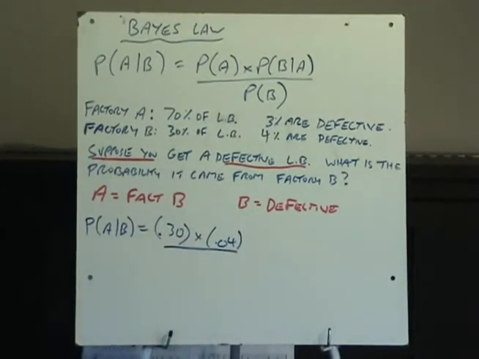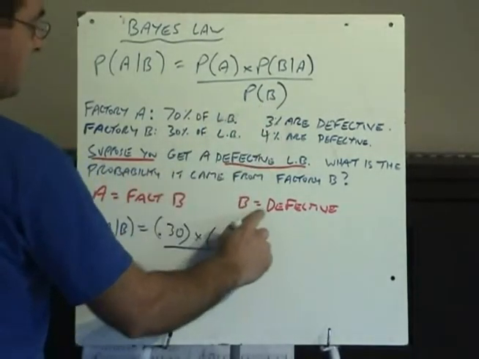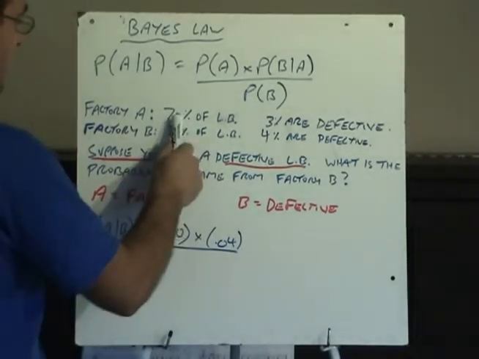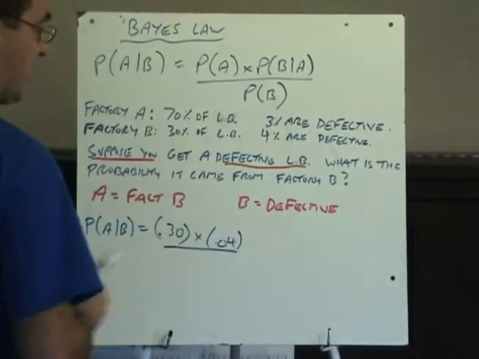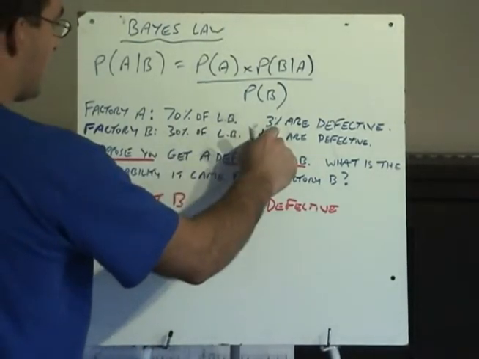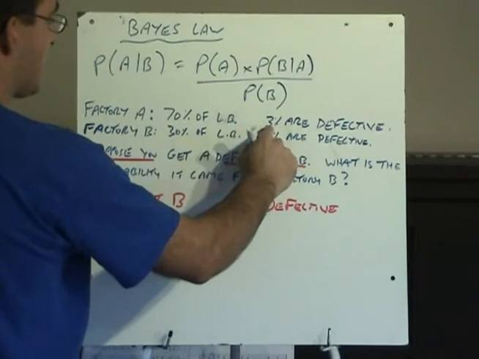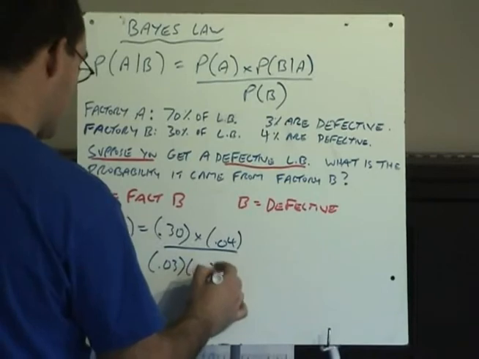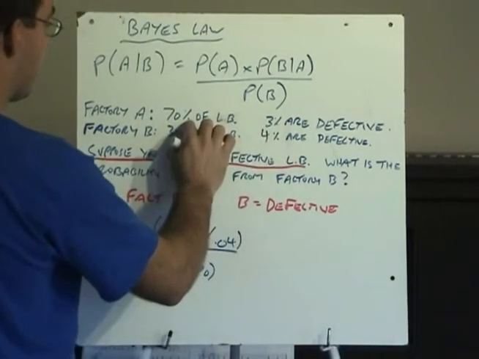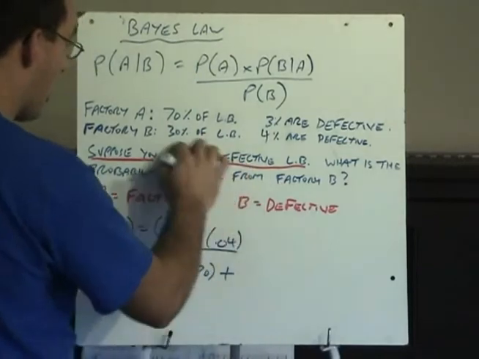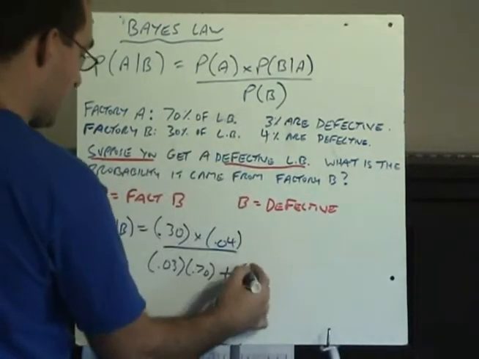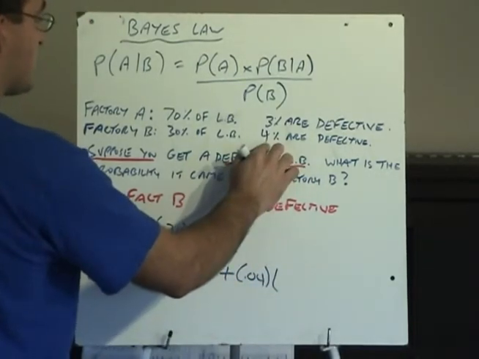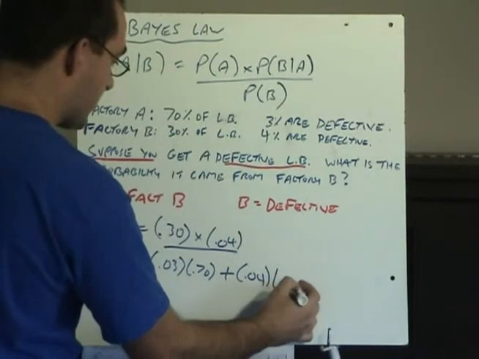Divided by the probability of B, the probability that a light bulb would be defective. Well, again, that depends on which factory it comes from. There's 3% of the 70% of them that are defective. So this would be the probability that it's defective coming from factory A, plus the light bulb could have come from factory B, and the probability that it would be defective coming out of factory B is 4% of the 30% that are produced there.